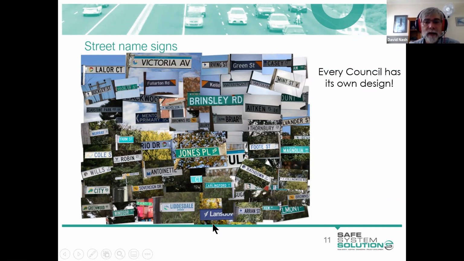I think the worst offender, I hope there's no one from the City of Melbourne here, if you see Lansdowne Street just down at the bottom of this montage of many different types, Lansdowne Street is one of the few that uses lowercase text, and they've used a font which is probably one of the most difficult to read. I mean, it's not as bad as cursive fonts, but it's certainly not as legible as most of the other fonts.